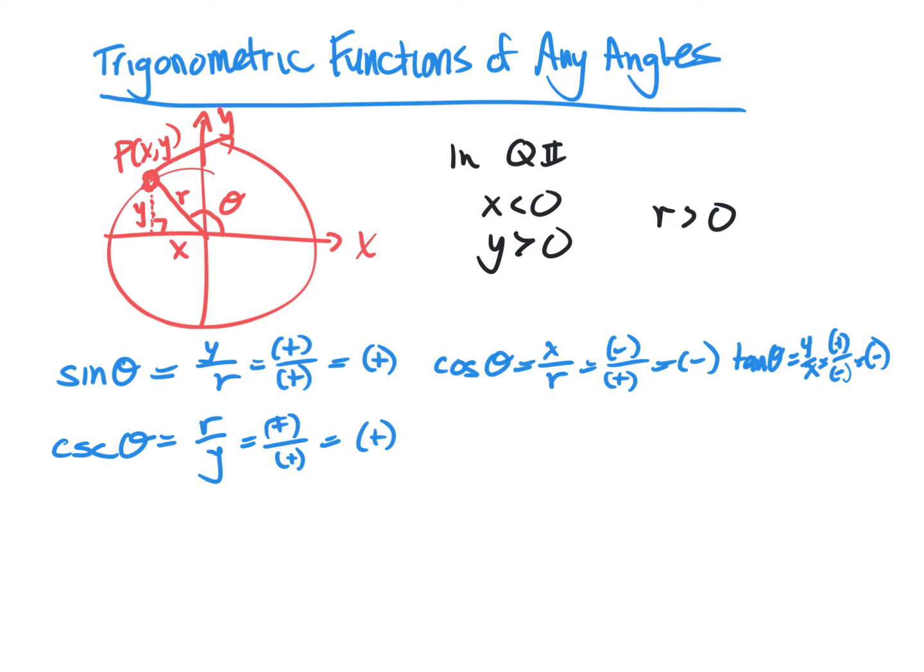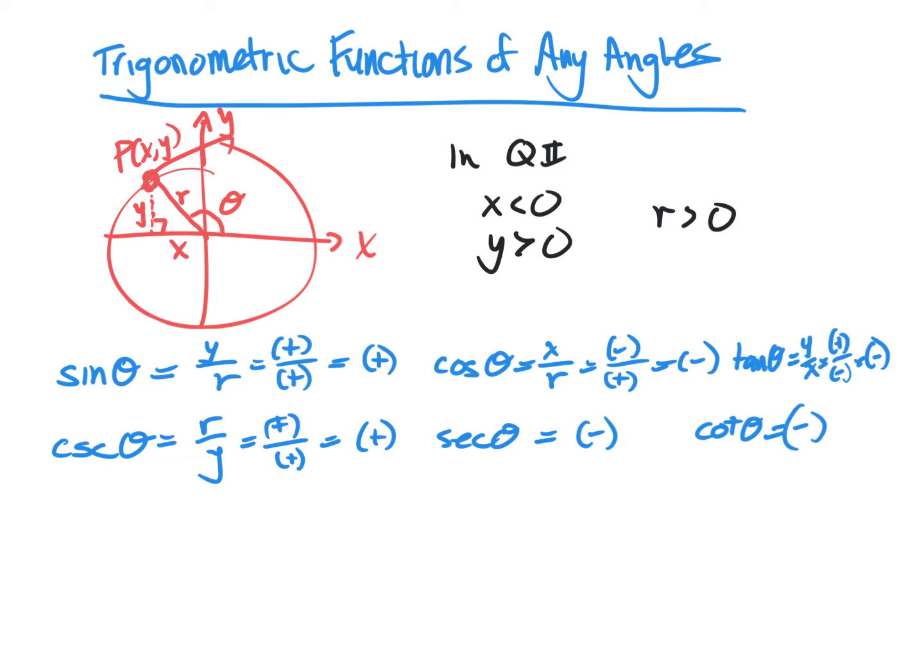And likewise, we get that secant of theta is either 1 over cosine or r over x, but it's going to be the same sign as cosine, and so secant is going to be negative, and then cotangent of theta is also negative.